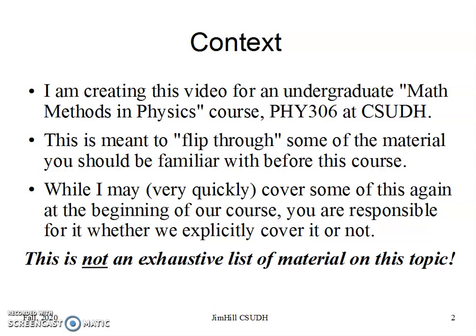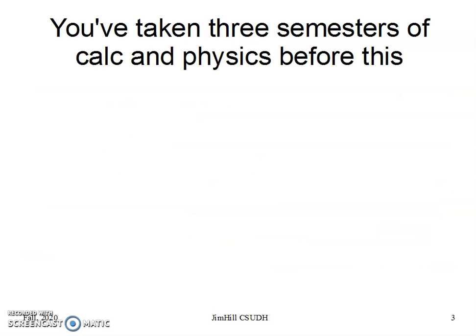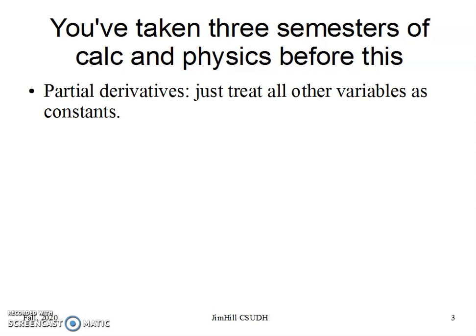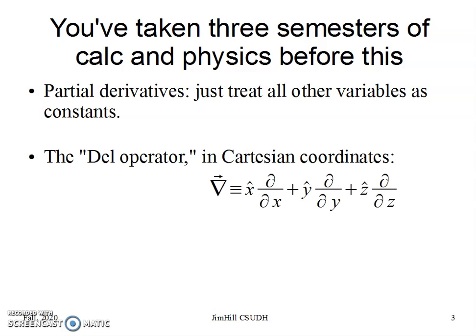this course. So you've taken 3 semesters of calculus and of physics before this, and you saw a lot of the calculus and the physics classes before you got to it in calculus. In fact, by the beginning of second semester of physics, in the order we put things, you run into partial derivatives, which essentially just treat all other variables in a multivariable function like constants.